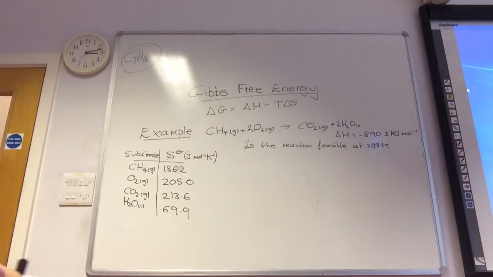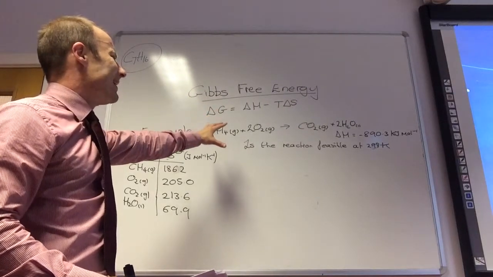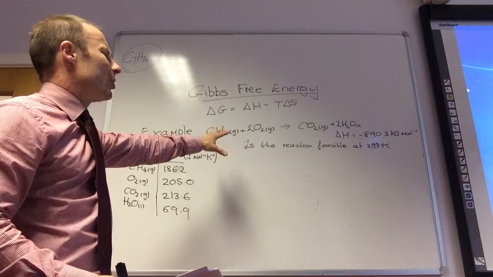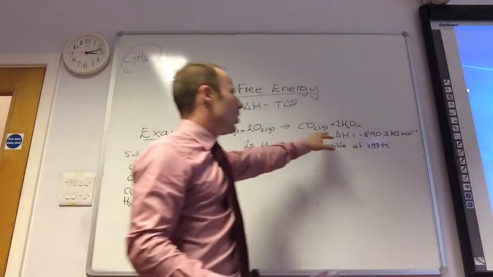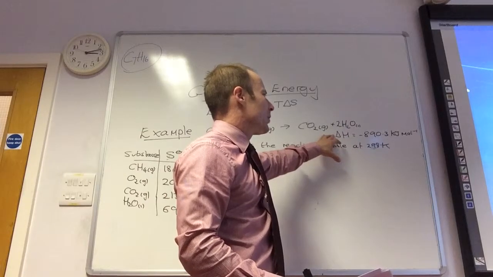Right, so this is the next example. We are going to work out, is this reaction feasible at 298 Kelvin? I've been told delta H is minus 890.3 kilojoules per mole.